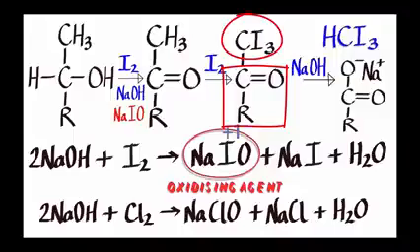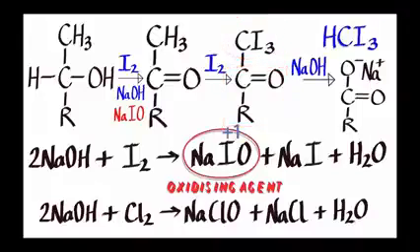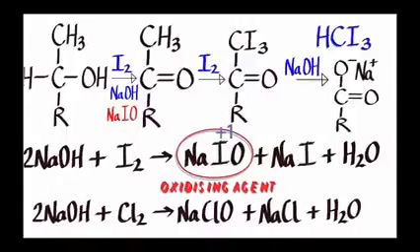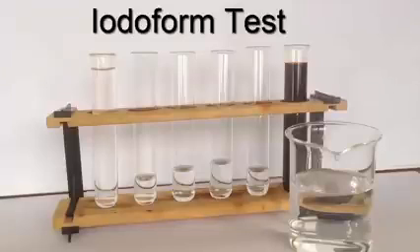And there's the other product of that reaction. You can see it's the sodium salt of a carboxylic acid there. But the key thing is it produces iodoform, which is a pale yellow solid with an antiseptic smell.